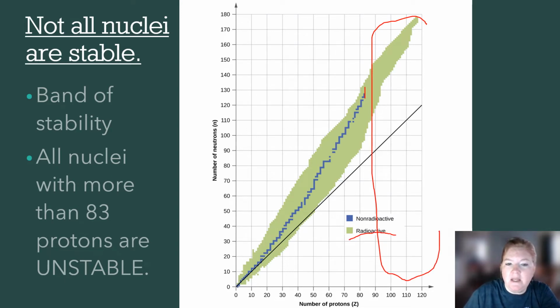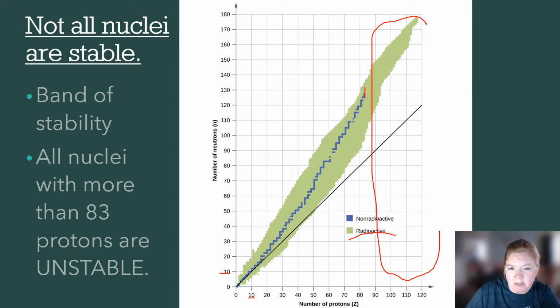Okay, and then you could see for non-radioactive isotopes, it's very narrow. And when atoms are small, so say when they have 10 protons and we go up, in most cases, it's going to be a 1-to-1 relationship. So 10 protons would need 10 neutrons to be stable.